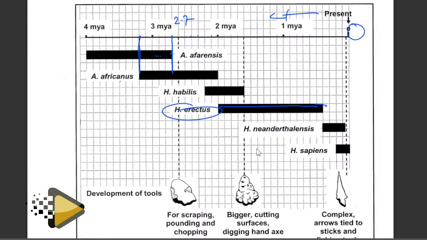And then this one is 3, 1, 2. So it's 3.2 minus 2.7. And then the answer you get here is million years. Not million years ago, because here they are talking about the range. It is million years.